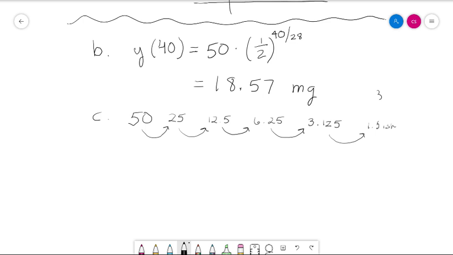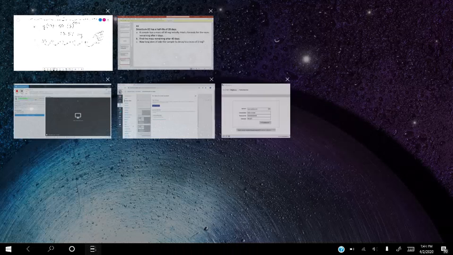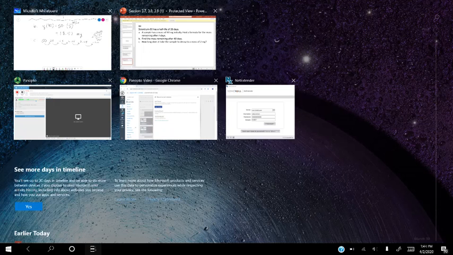Right, we could really get exact. There's the 1.5-ish. 1.5625, okay? And we want to know how long it has to take to get to 2 milligrams.